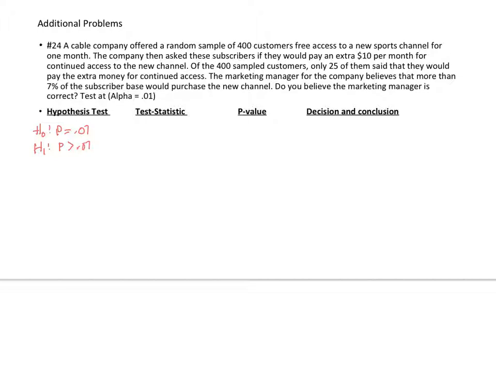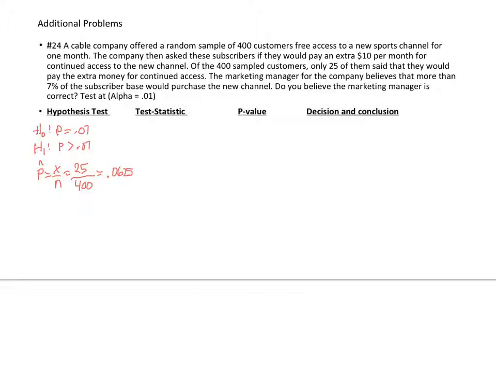The things that we do know is p hat, in this case, is x divided by n. X is the number of customers that want continued access, which is 25, out of the 400 customers that were surveyed. And when we do this calculation, we get 0.0625.